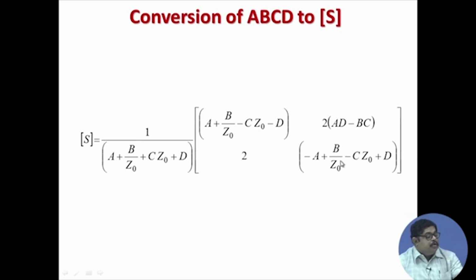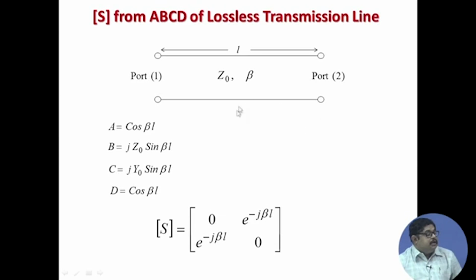If we put in A, B, C, D, which we have written once again here, and do the conversion, you get that for the lossless transmission line S11 is 0, S22 is also 0, and S12 and S21 are e to the power minus j beta L.